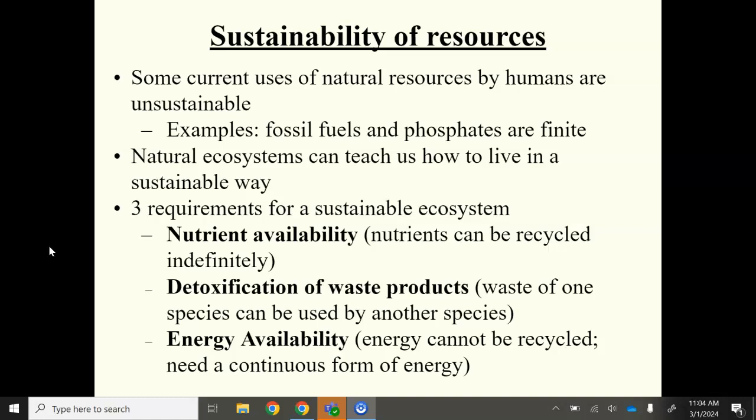Detoxification of waste products is important. We cannot have waste just build up within that ecosystem because waste can be toxic to organisms. So one thing that happens to help get rid of or detoxify the waste is that the waste of one organism can sometimes be exploited or used by another organism.